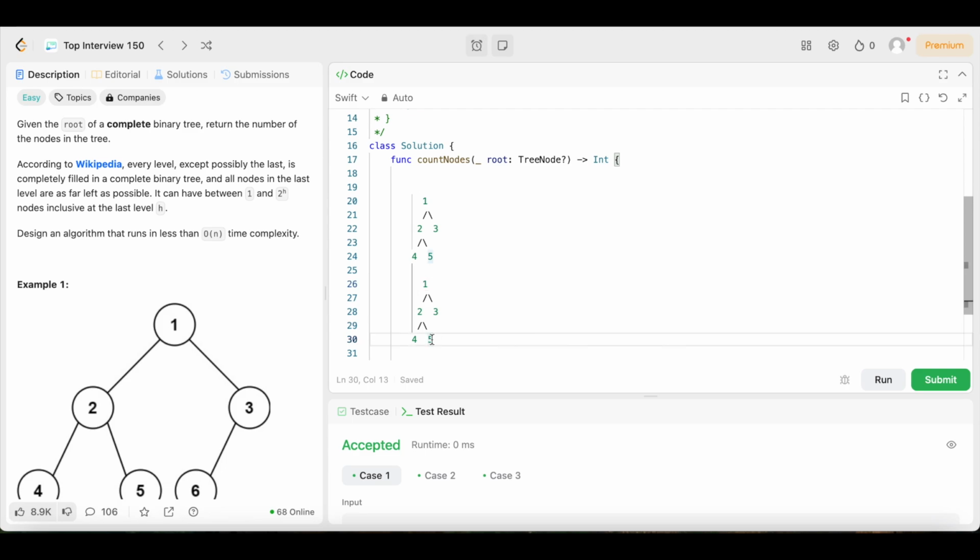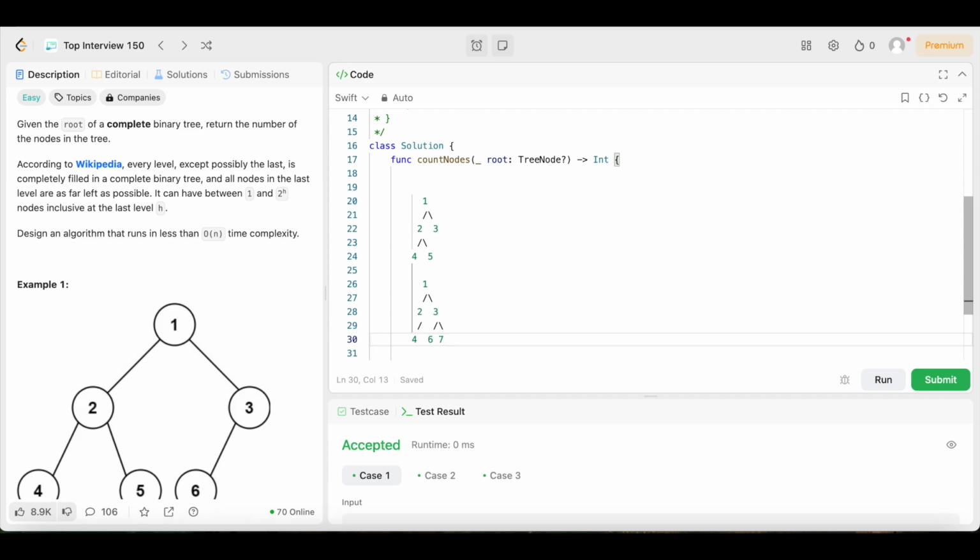Say we got rid of this 5 right here. Boom. Then we came over here and say we put 6 and 7 over here like this, right?